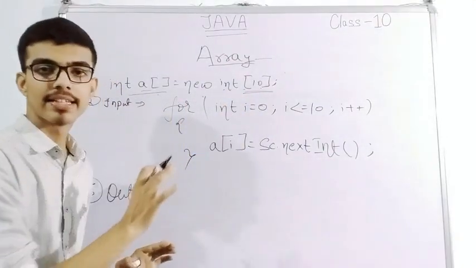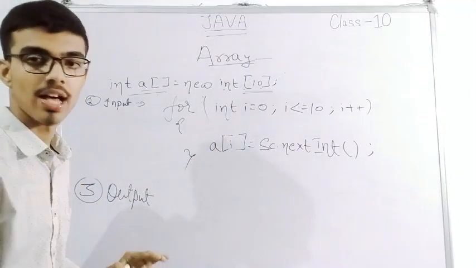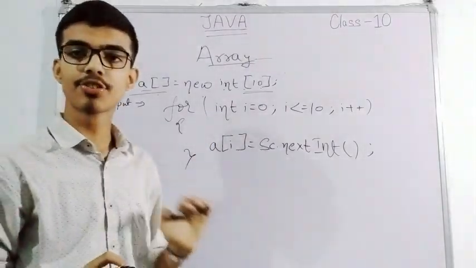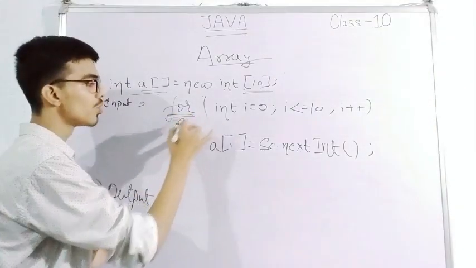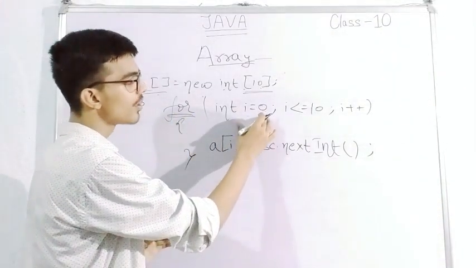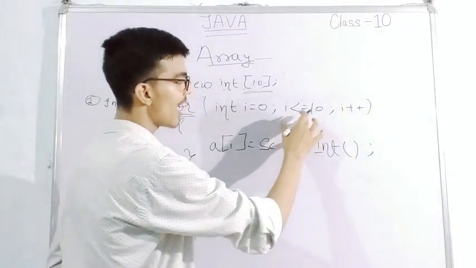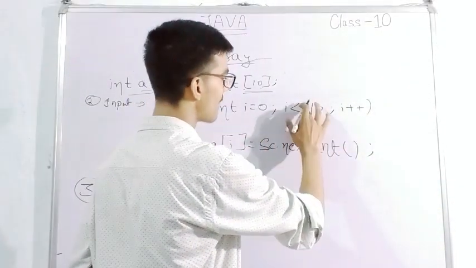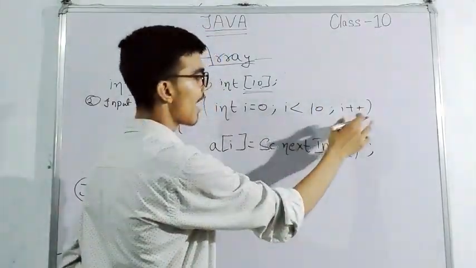This means that the user will give 10 inputs. After this, where will we store them? For storing, we will start a for loop: for int i is 0, i is less than 10, i plus plus.